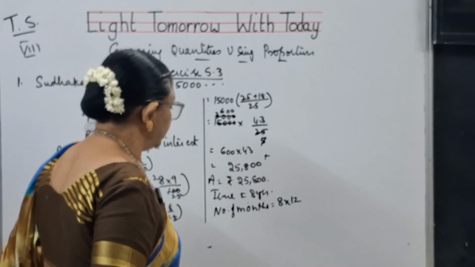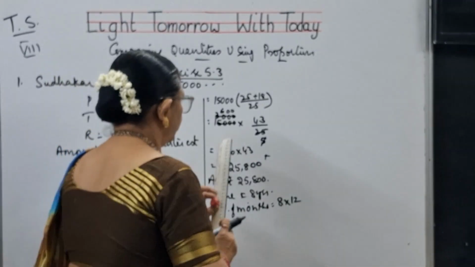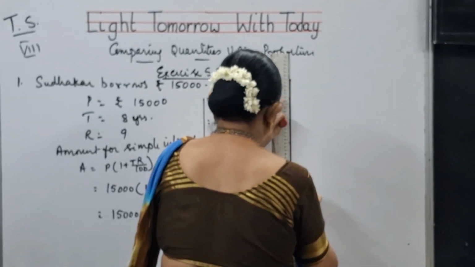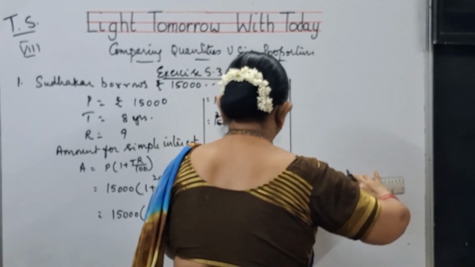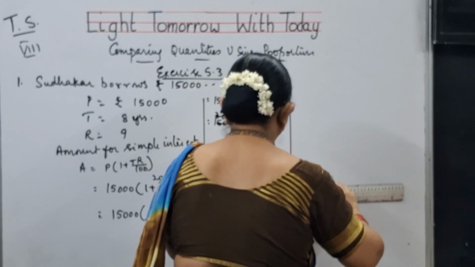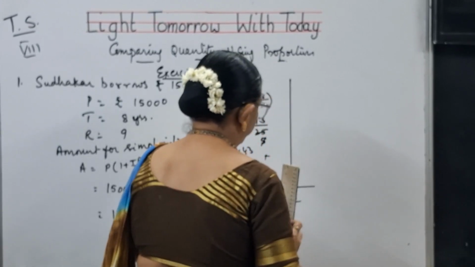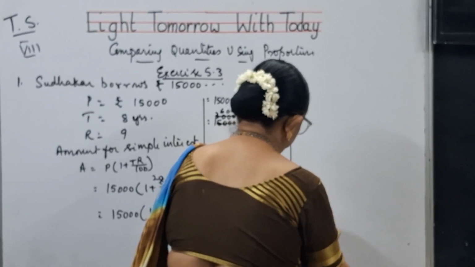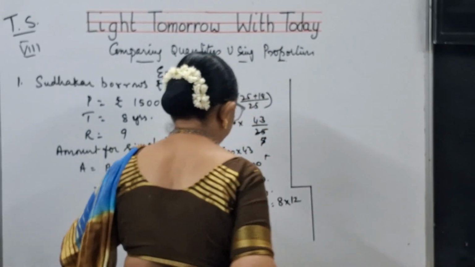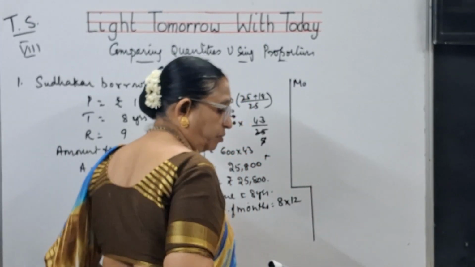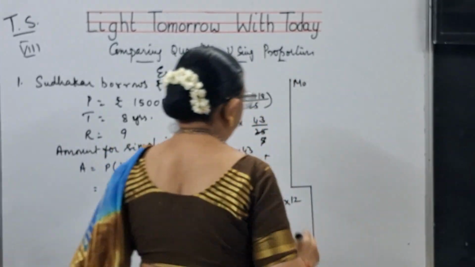So what you have to do? This total amount that the person has to pay, that is 25,800, should be calculated over 8 years so that we know how much he has to pay every month. So the question is how much is the monthly repayment.